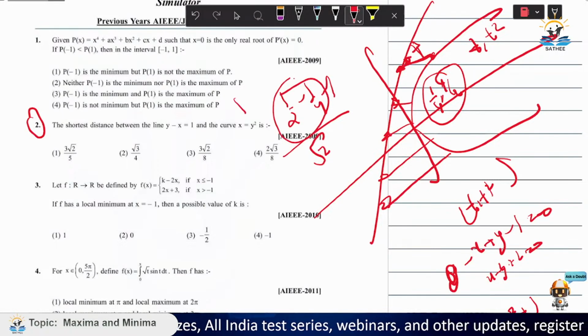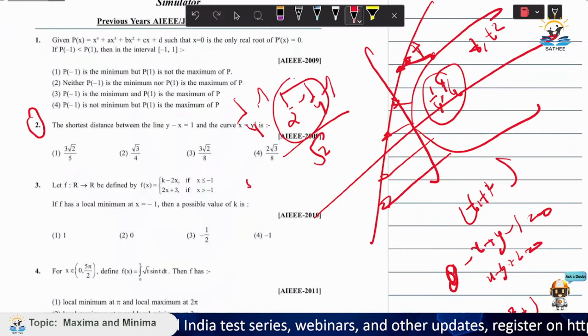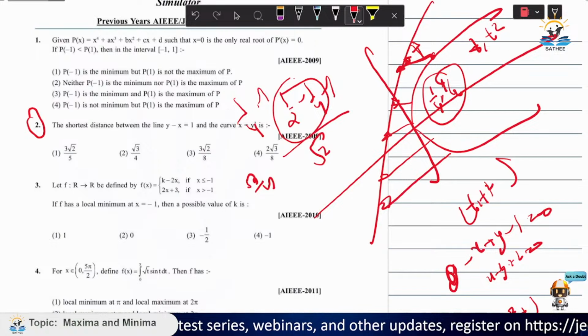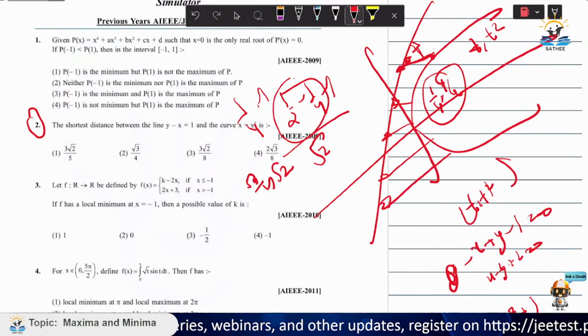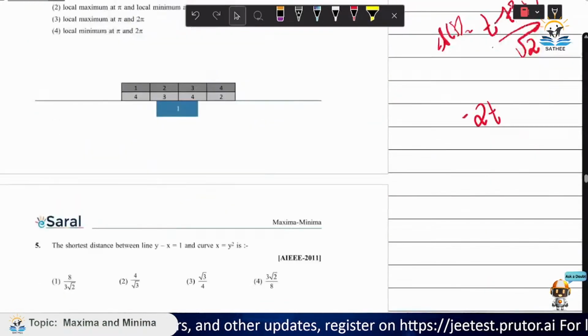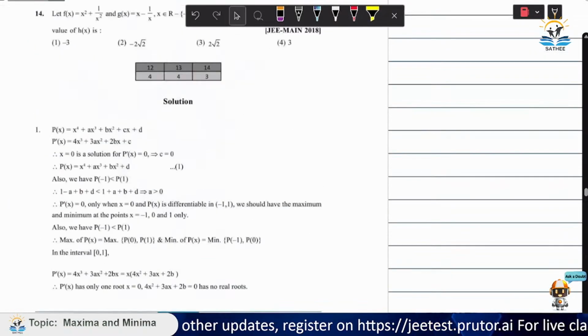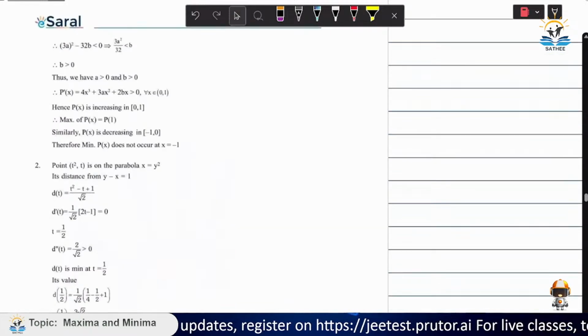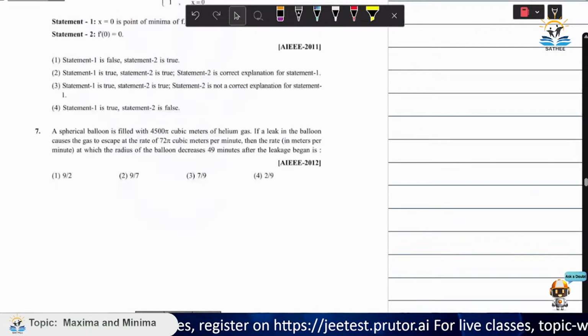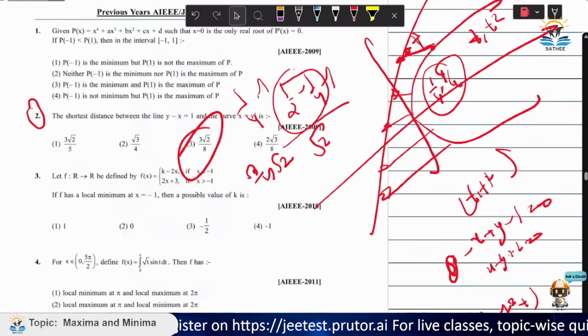This gives me 3 by 4, so it gives me 3 by 4 root 2, or this. 3 is the answer. Let's check it once. Of course, we are correct. Let's move on to another question.